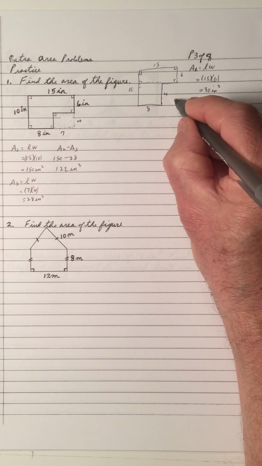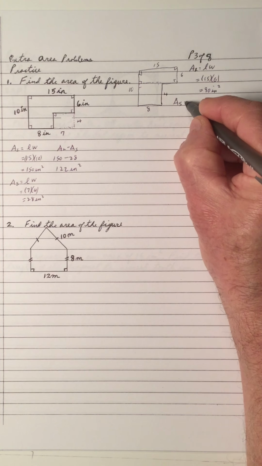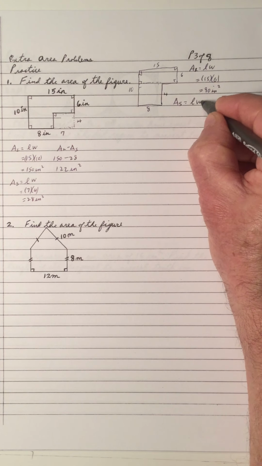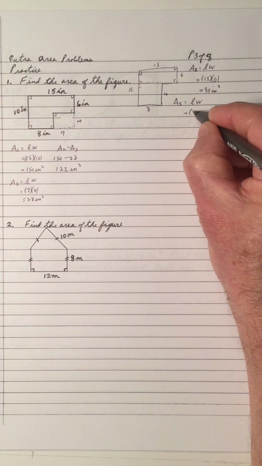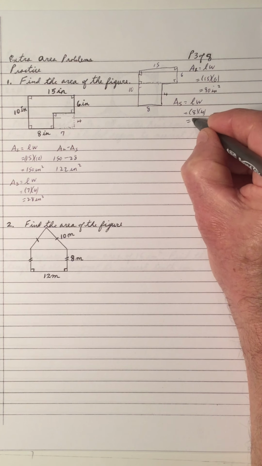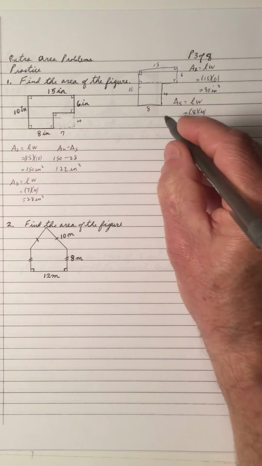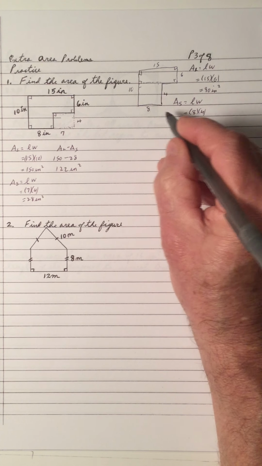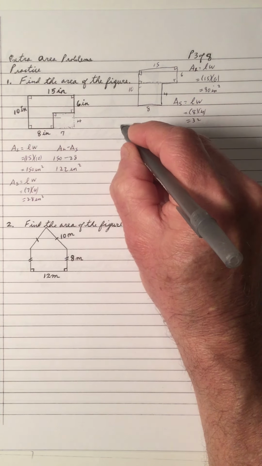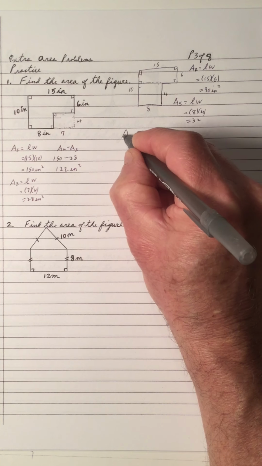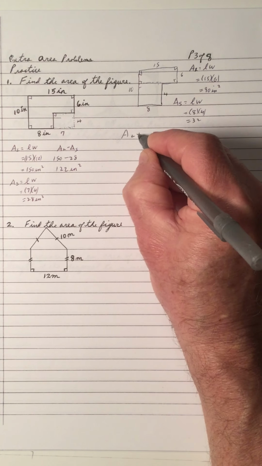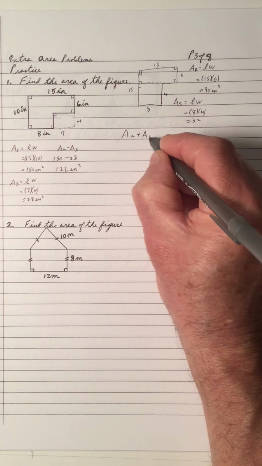The small area, marked S, is length times width, because it's a rectangle. So it's 8 times 4. So that's 32. And we're adding them up. So the area of the figure is the area of the large one plus the area of the small one.